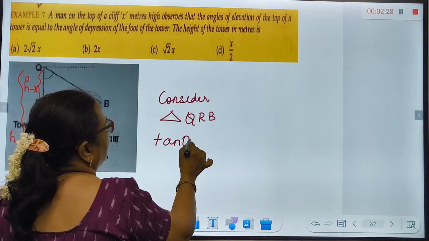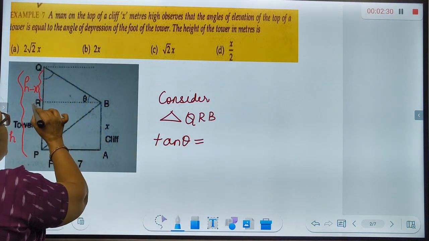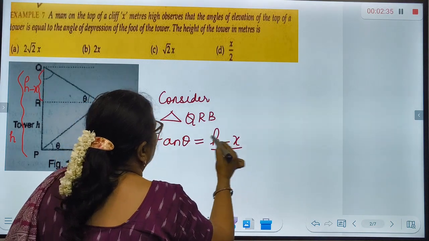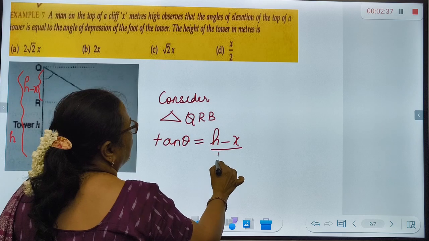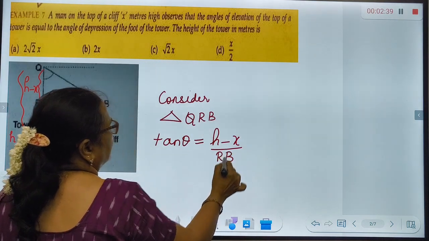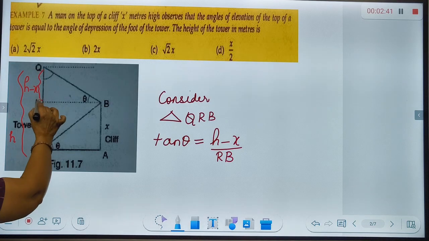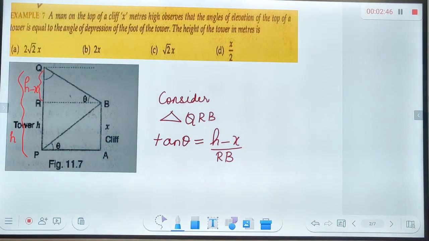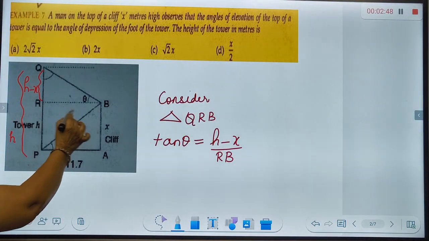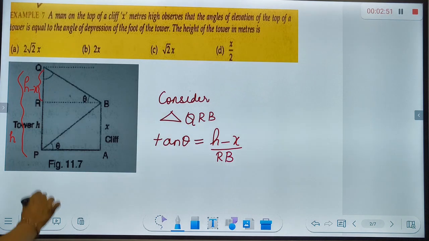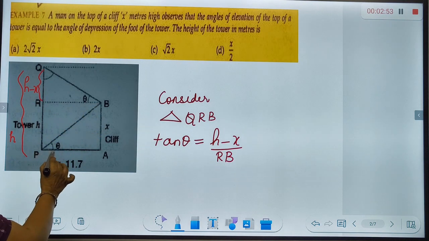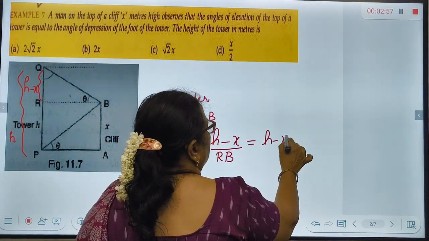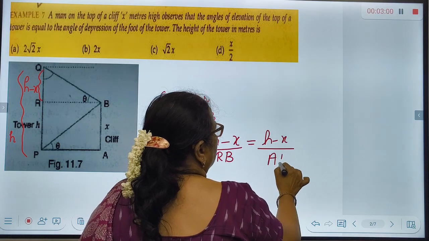Tan theta will be opposite side by adjacent side. So it is h minus x divided by RB. So we are looking at this triangle, writing an expression for tan theta, opposite side by adjacent side, h minus x by RB. But you must understand that RB is equal to AP. So I am going to write this as h minus x by AP.